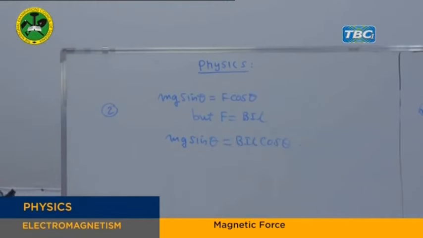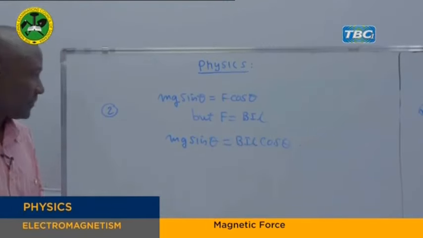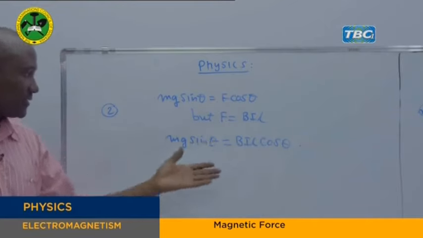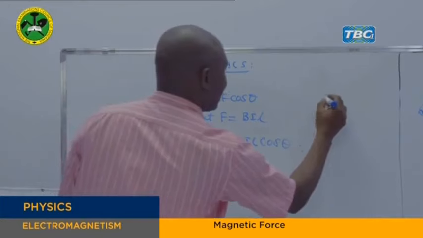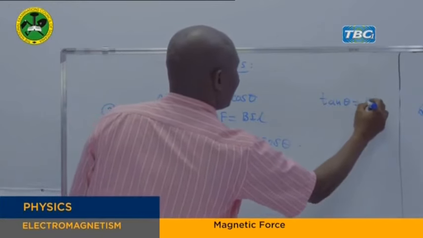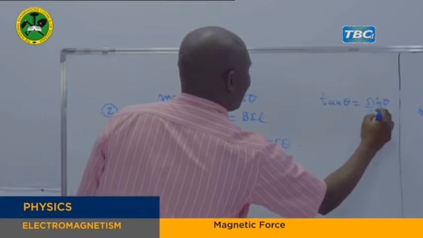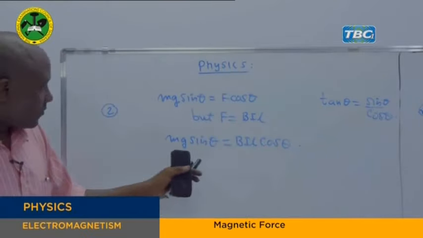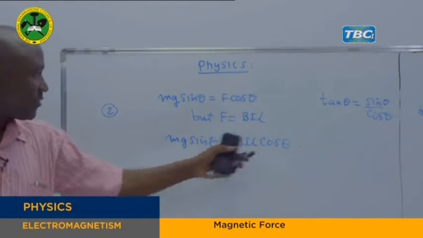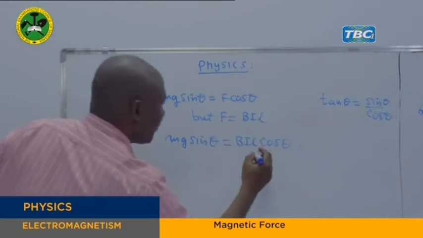Our aim is to find the angle. So you can find it by arrangement of these trigonometric ratios. We know tan theta equals the sine of the angle over cosine. So if you look at this equation here, if you divide it by cos theta, you come up with the concept of tan.